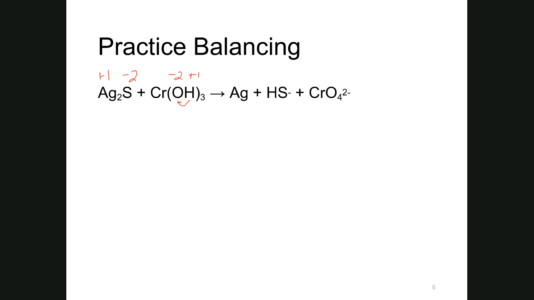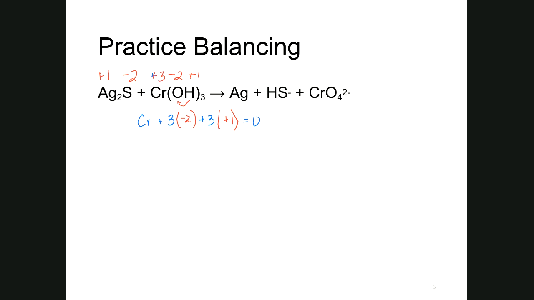In order for us to figure that out, we can say that chromium plus 3 oxygens, each with a -2 oxidation, plus 3 hydrogens, each with a +1, equals 0. And so what we end up with there is our chromium is going to have a +3 oxidation state.